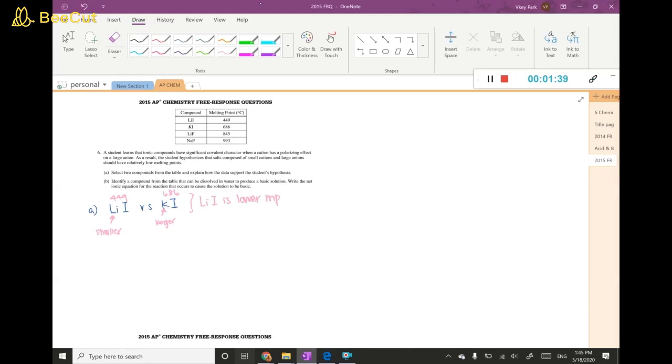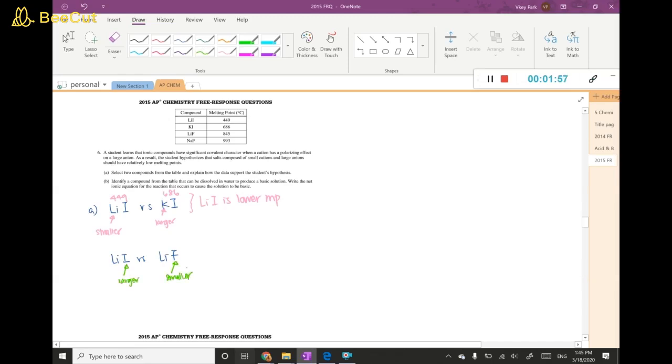Okay, what other ones can we look at? We can look at, for instance, LiI versus LiF. We kept the cations constant, but we changed the anions. This is larger and this is smaller.